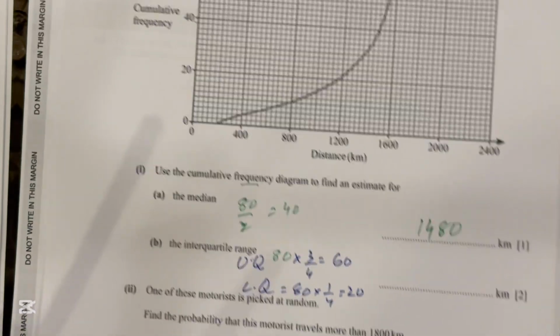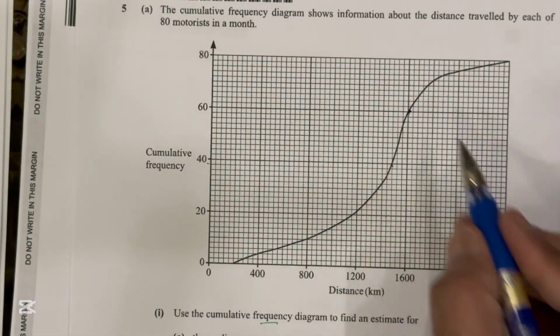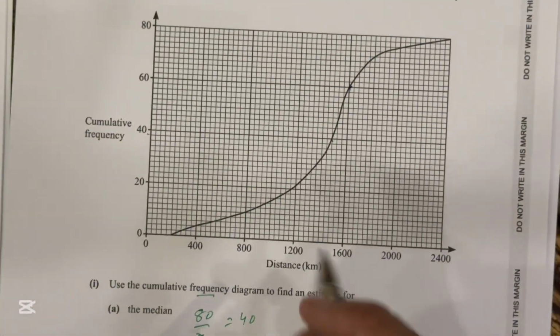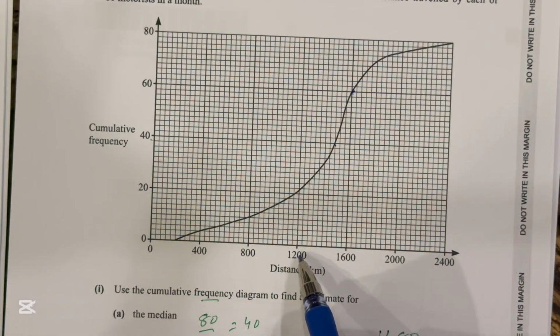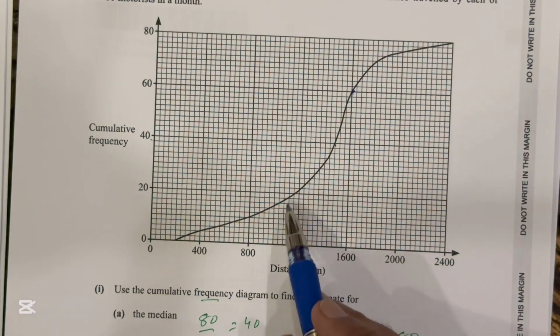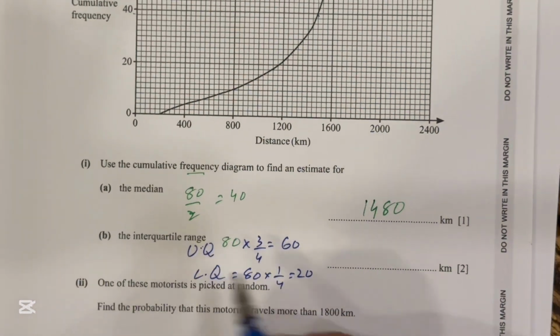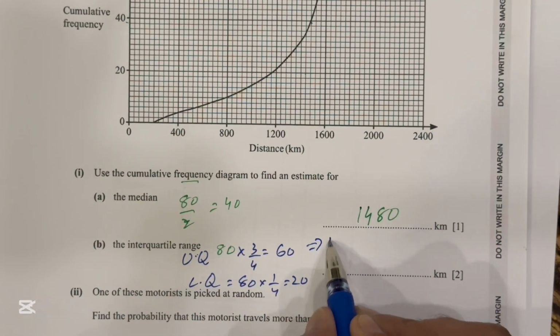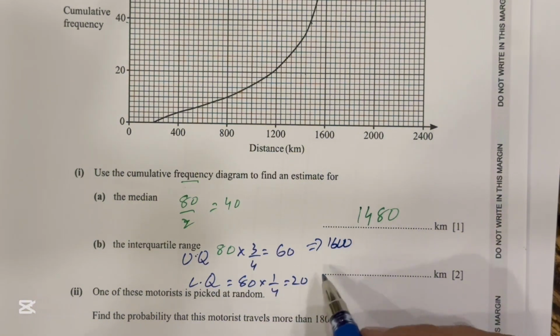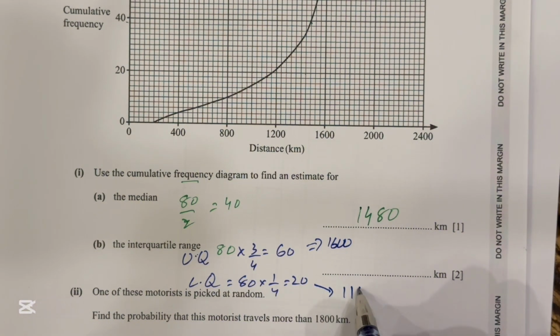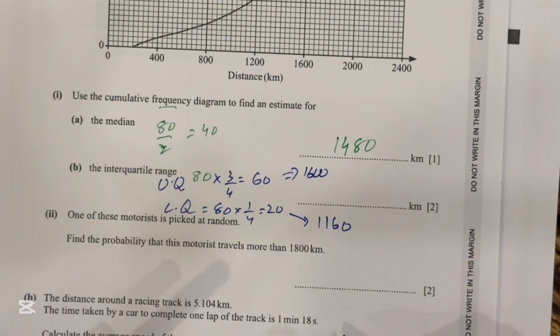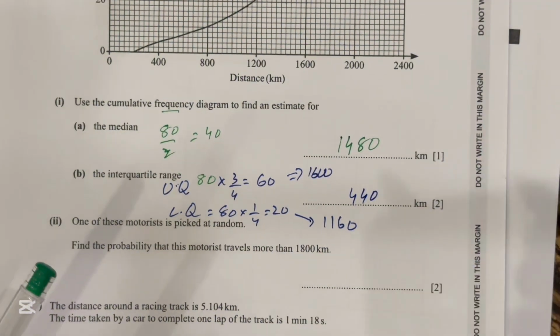So at 60 we can see the value is 1600, and at 20 the value is equal to 1160. So the value of upper quartile I'm writing over here is 1600, and for the lower quartile the value is 1160. So you need to subtract it to get the final answer. 1600 minus 1160, that would be equal to 440.